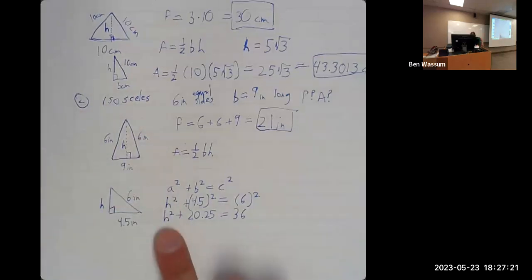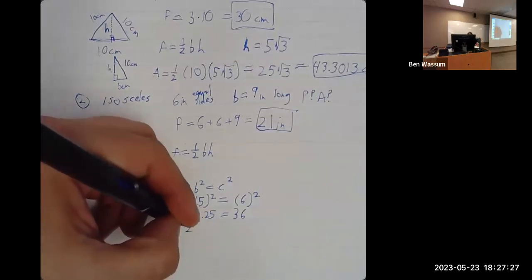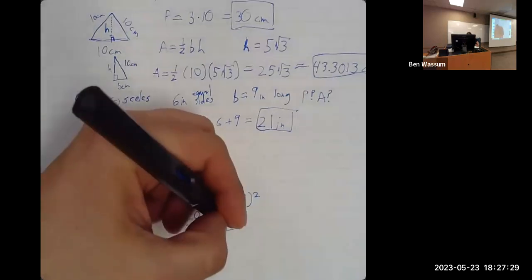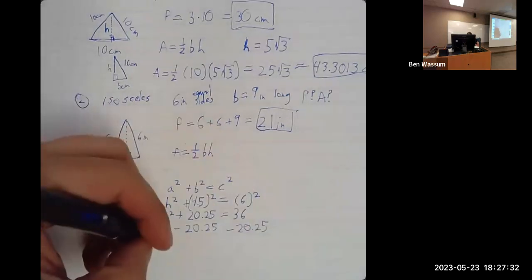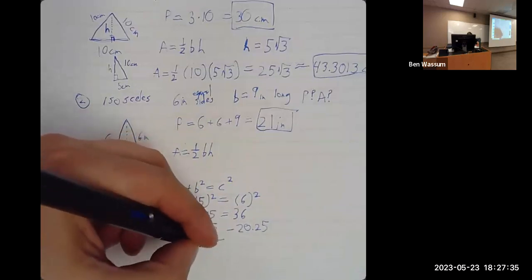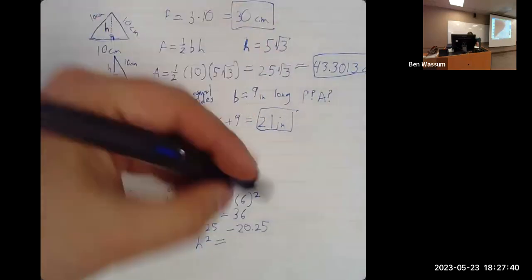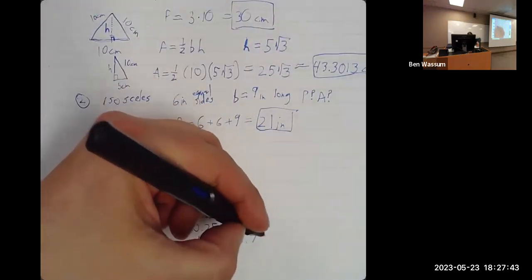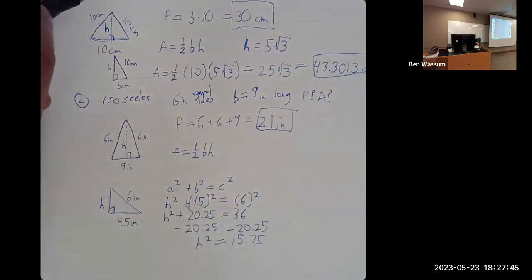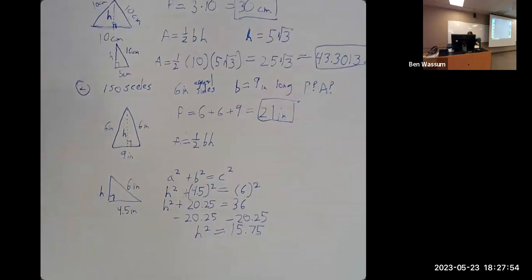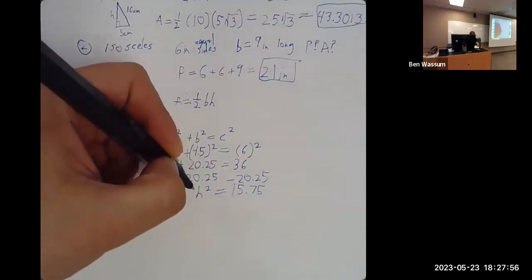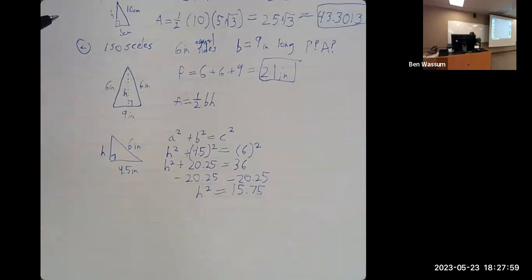So we're going to solve for that H squared, so we're going to get rid of this first. So we have H squared is 15.75.